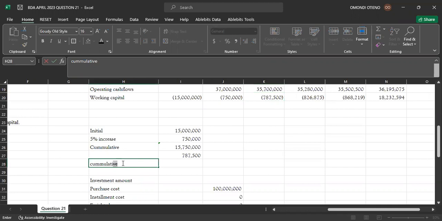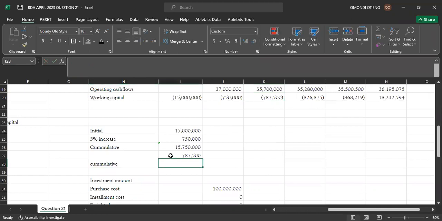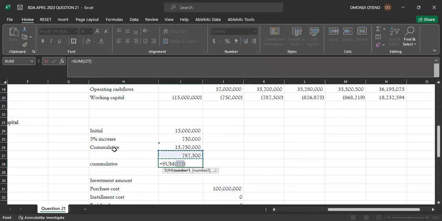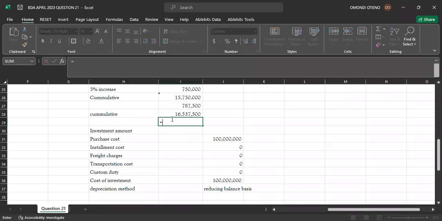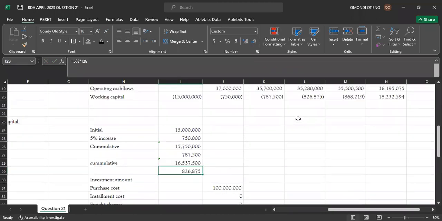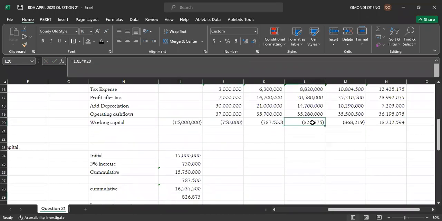I want you to understand the concept. Cumulative will now be the summation of the cumulative of the previous period plus the increase. Then I again come for the increase, 5% of the cumulative amount. Tunapata ngapi? 826,875. Is it not the same as what I have here?